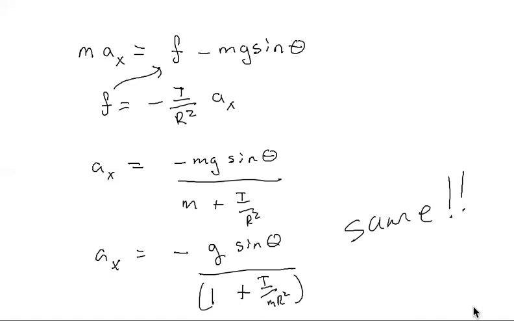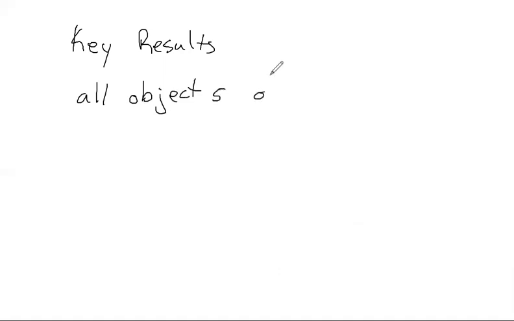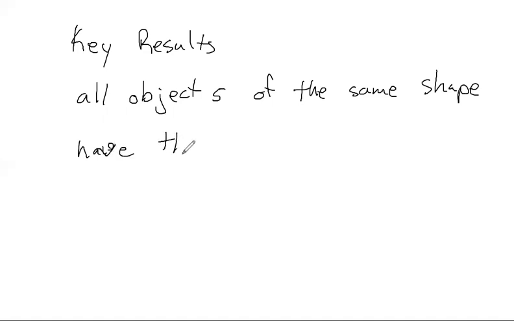Okay, so that describes how objects roll down a ramp, and the key results are: all objects of the same shape have the same acceleration down the hill. That's the first point.